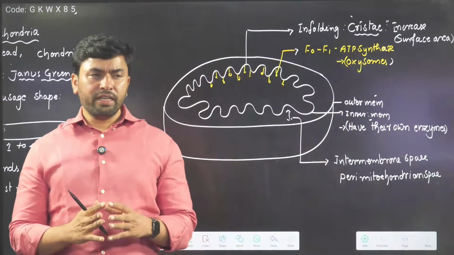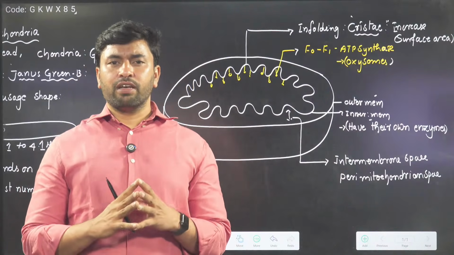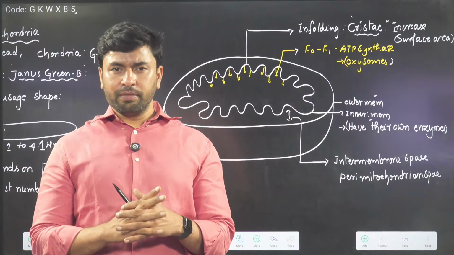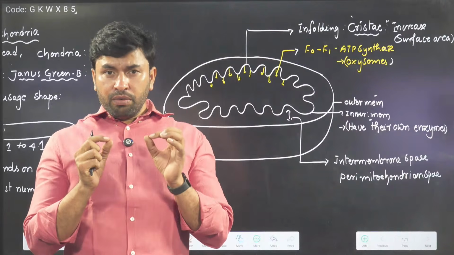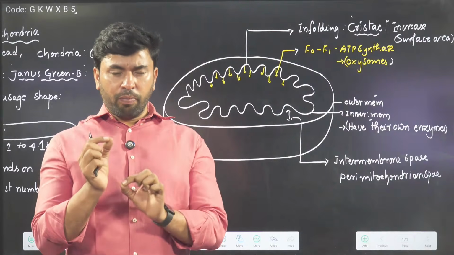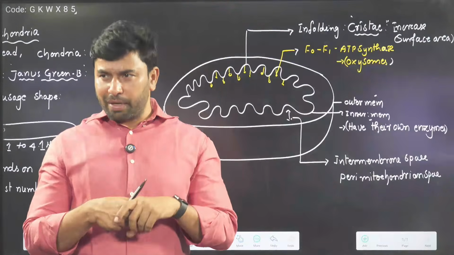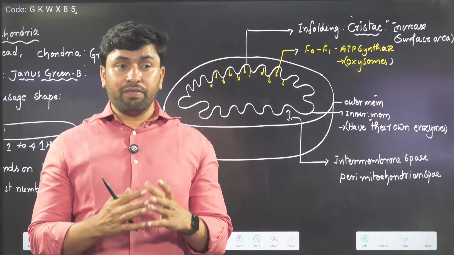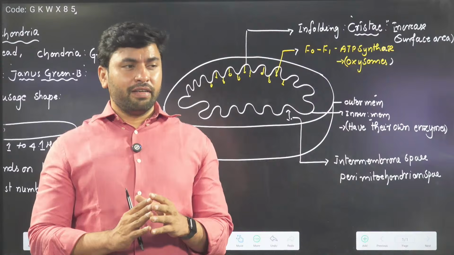There was a scientist called Fernandez. When studying the mitochondria, he had seen some kind of granule-like structure studded on the top of the inner membrane, and he called them F0, F1 ATP synthase particles.